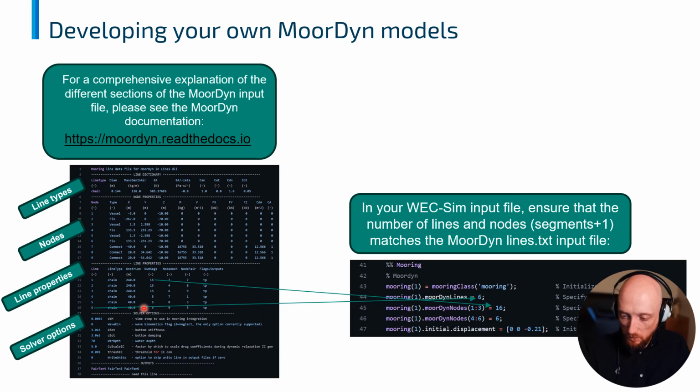So if you are running into problems with your mooring model, it could very well be that your time step just needs reducing. And then the last section here is the outputs that you want saving. And again, in the documentation, there's a clearer explanation of the different options that you have there for outputs.